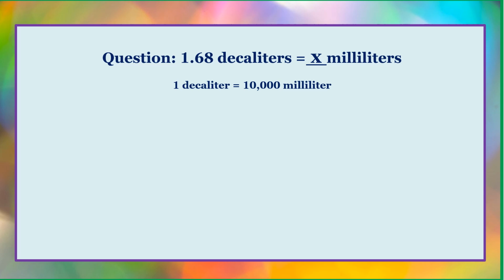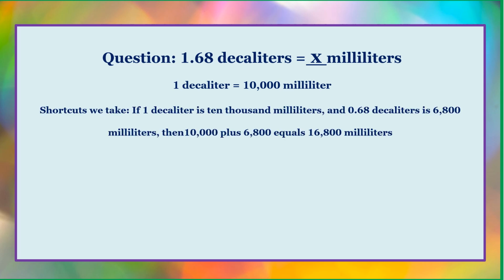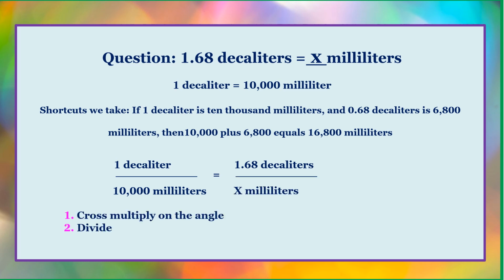If you're not sliding your decimal with our previous method, you're going to have to rely on memorization, which is 1 deciliter equals 10,000 milliliters. A shortcut we can take is if 1 deciliter is 10,000 milliliters and 0.68 deciliters is 6,800 milliliters, then 10,000 plus 6,800 equals 16,800, and the formula would be 1 deciliter is to 10,000 milliliters, which equals 1.68 deciliters to X milliliters.